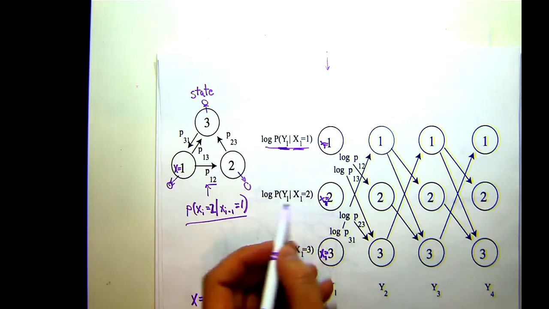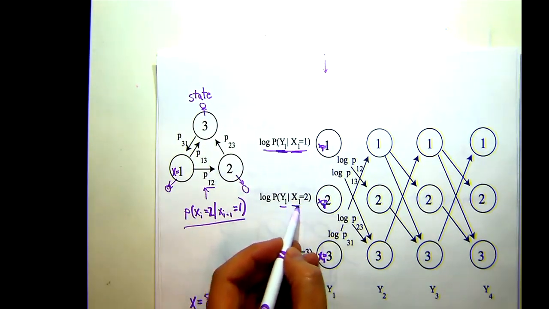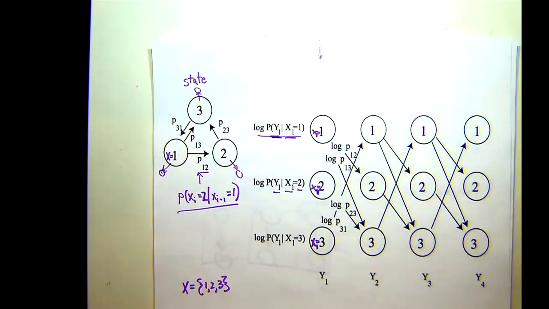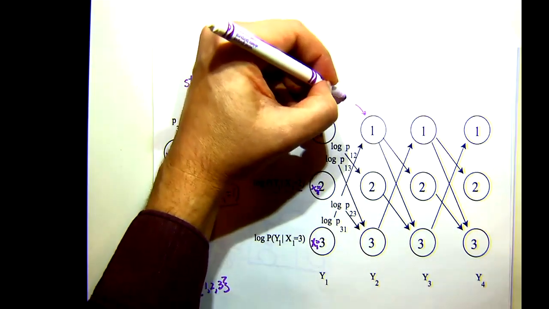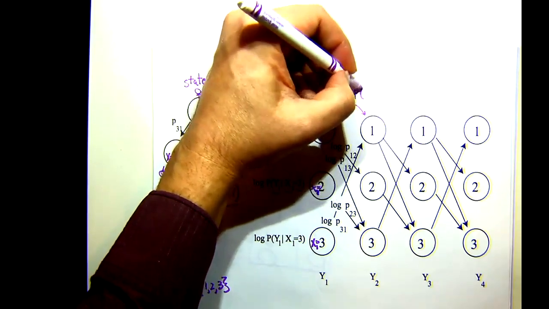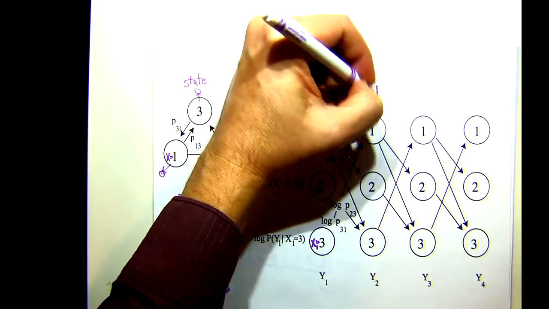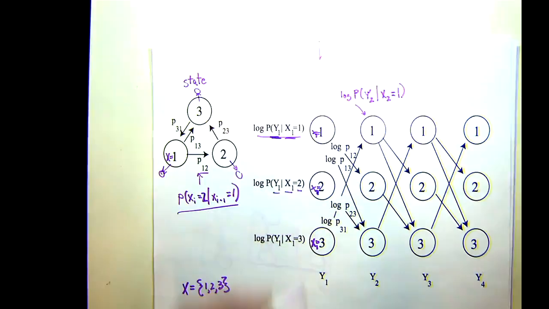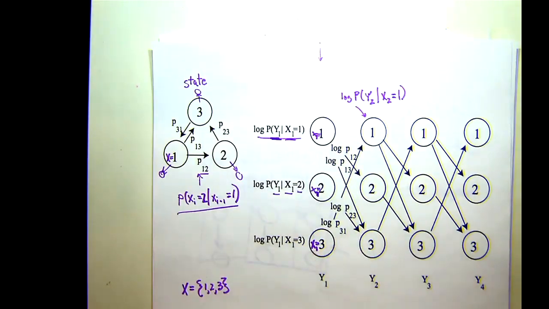For this one, the emission probability is, again, we're at time 1, so we're in column 1 here, and the state we're talking about is state x equals 2. And then this guy, not sure why this wasn't labeled, but just to make it explicit, is going to be the probability of the y2 value given the x2 value is equal to 1. And then this is the probability of y2 given x2 is equal to 2 and 3.